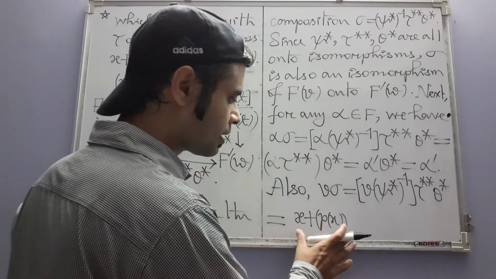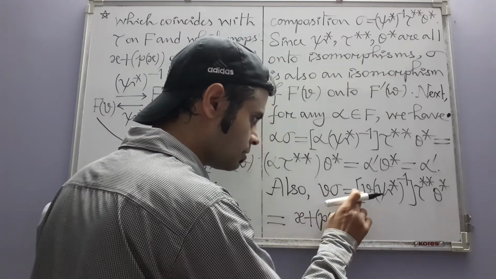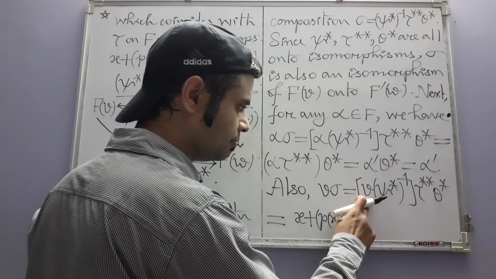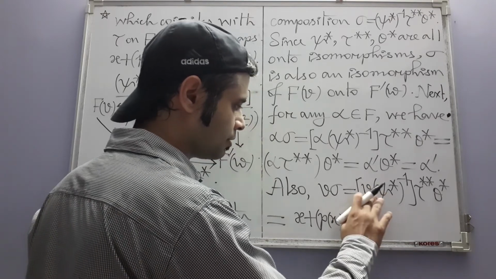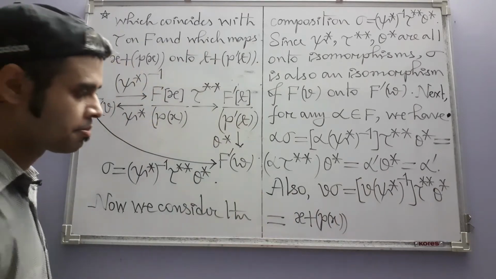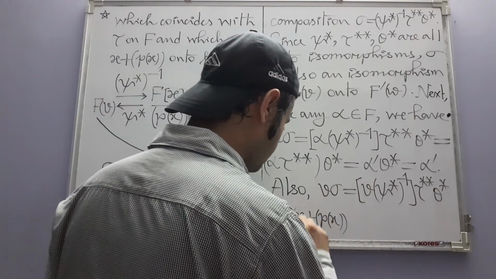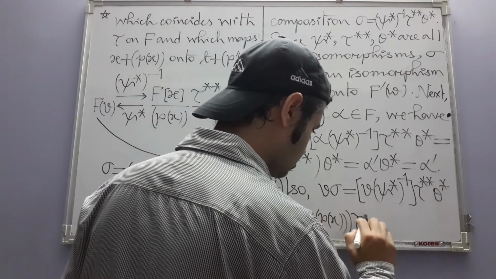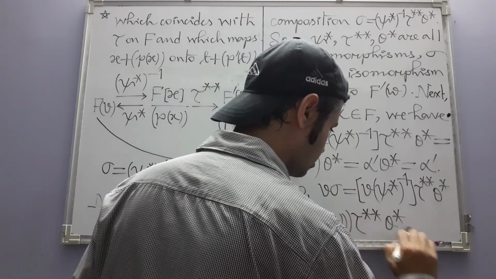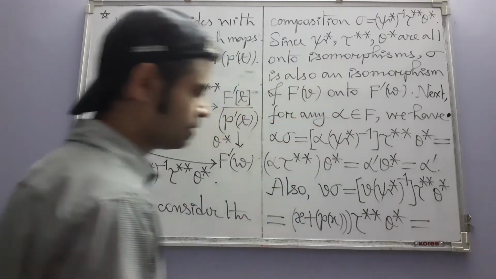The psi star image of this is V. So the image of V under the inverse map is this. And we are considering tau double star, theta star of that.